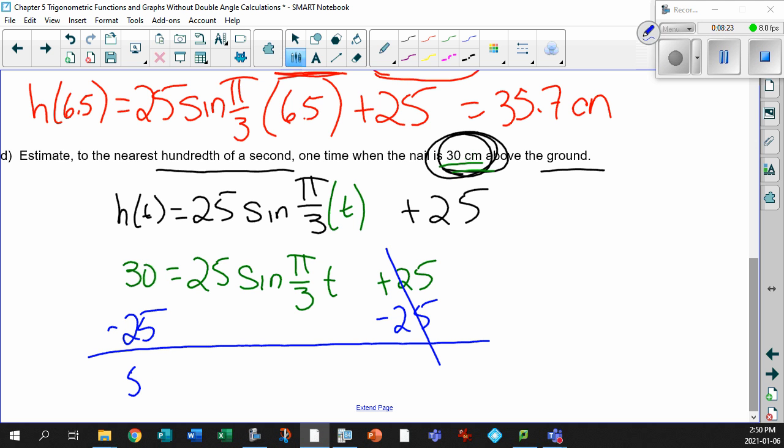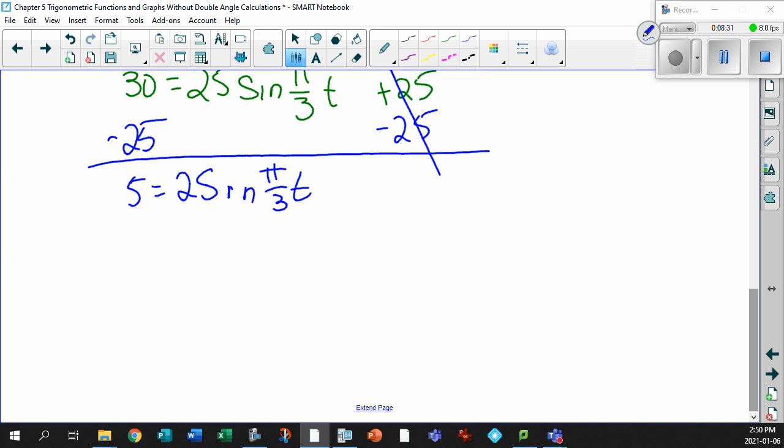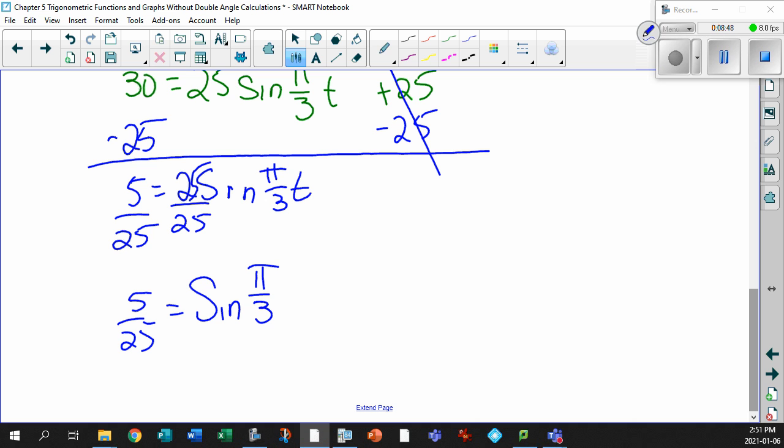That, of course, gives you 5 equals 25 sine pi over 3 t. Okay, now, how do I solve the rest of this? Well, divide this by, of course, my 25. Divide this by 25. Divide this by 25. Okay, so I got 5 over 25 equals the sine of pi over 3 times t.